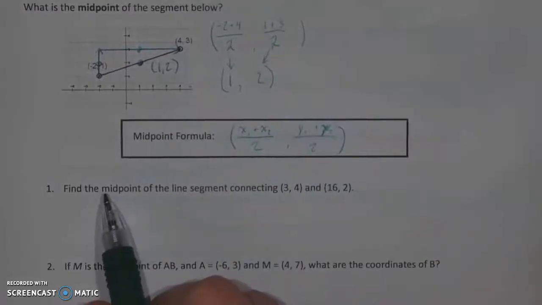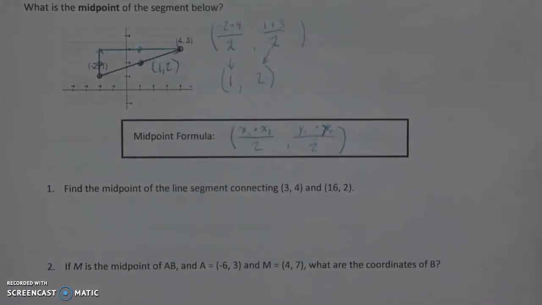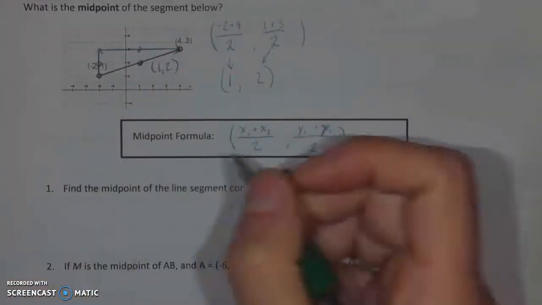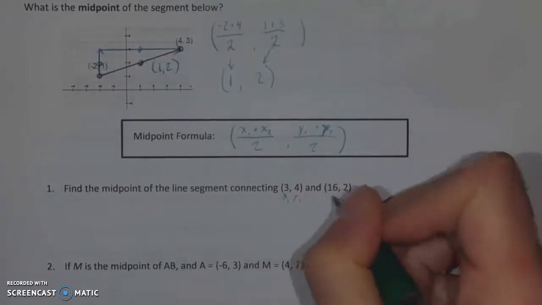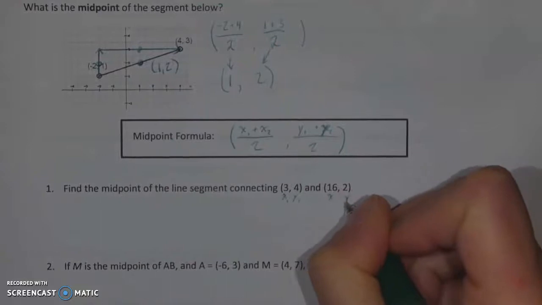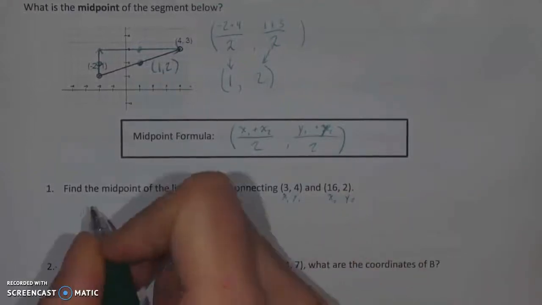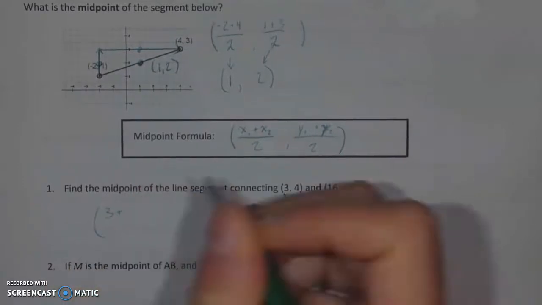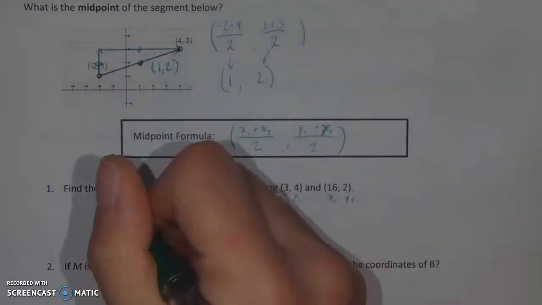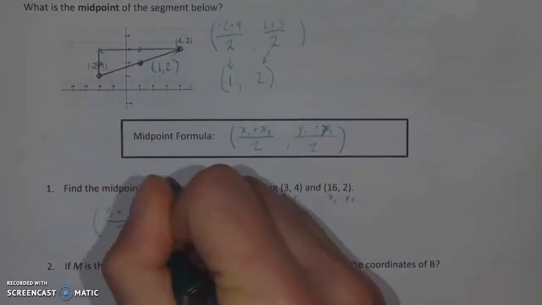So let's use this formula real quick by finding the midpoint of a line segment connecting 3, 4, and 16, 2. Rather than graphing, all I need to do is fill in my formula. I know that this is x and y, and let's just call this one 1, and x and y, let's call this one 2. So that means when I'm filling this in, I've got x1, or 3, plus x2, 16 over 2.